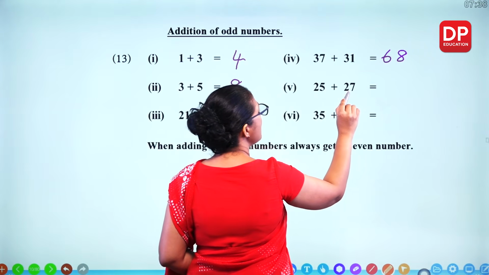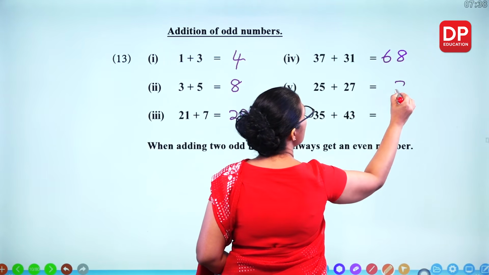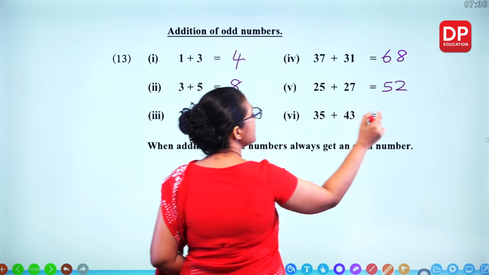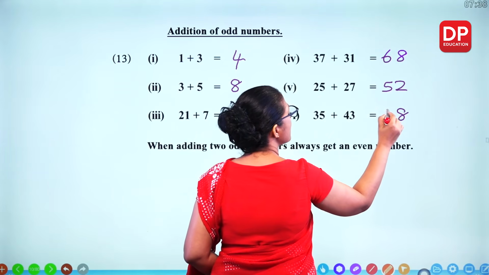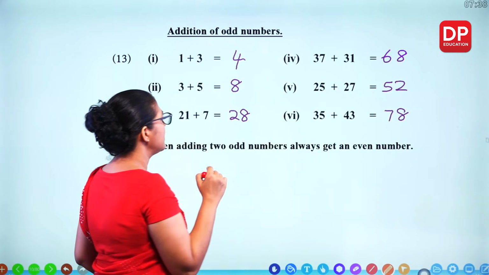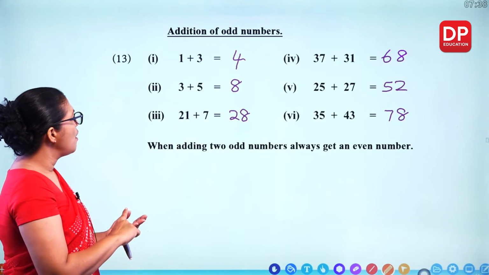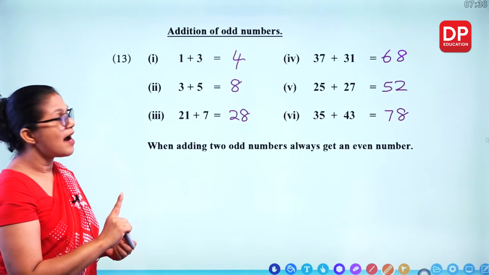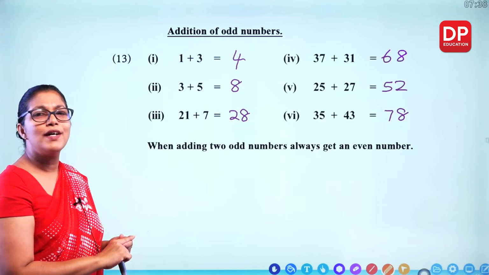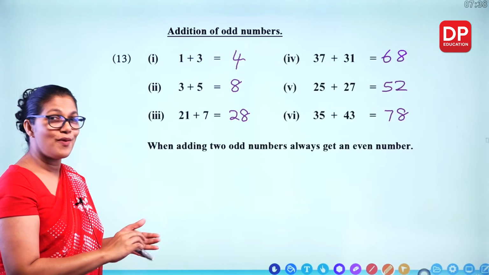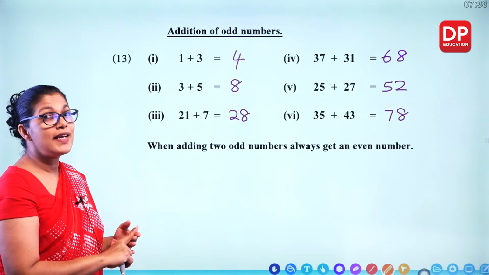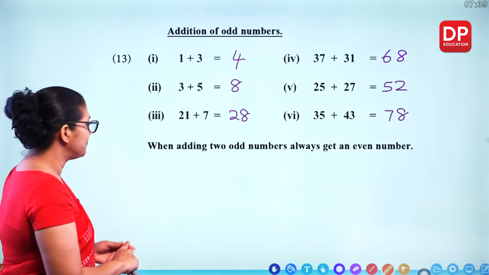This one, 25 and 27, 5 plus 7, 12, and you get 52. 5 and 3, 8. 45 and 33, 78. Look carefully: when adding two odd numbers, the answer is an even number. So remember, when you add any two odd numbers, you always get an even number.